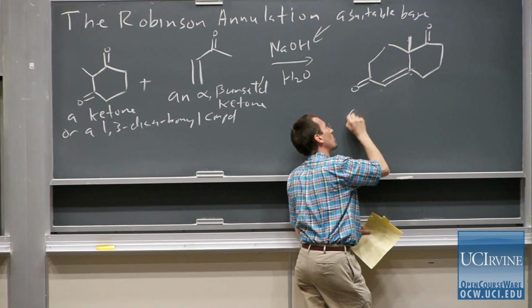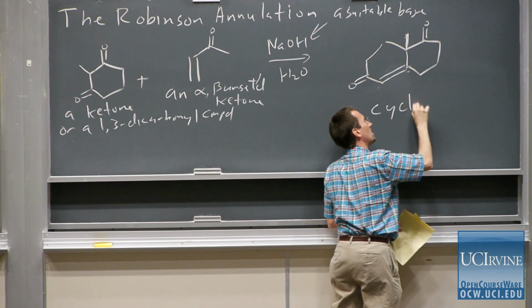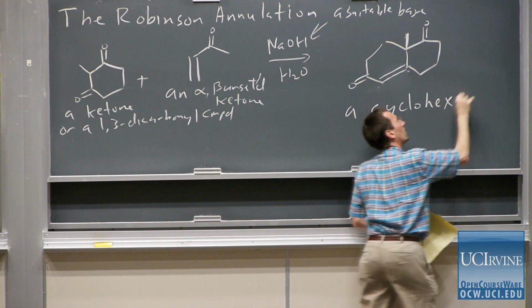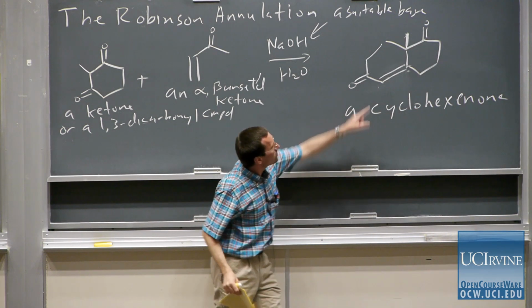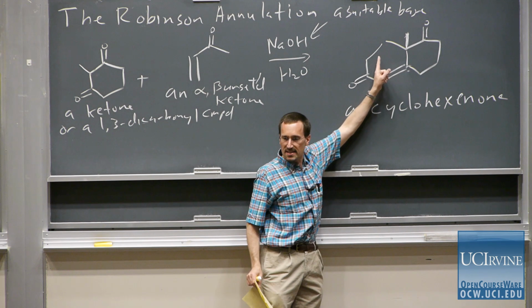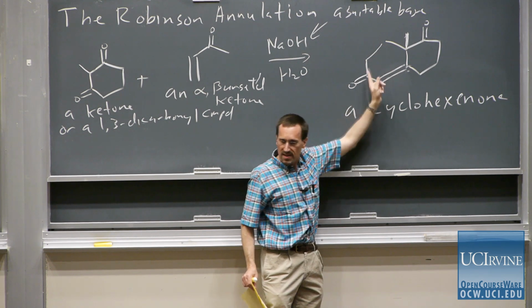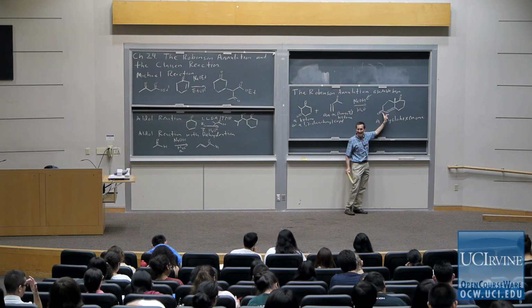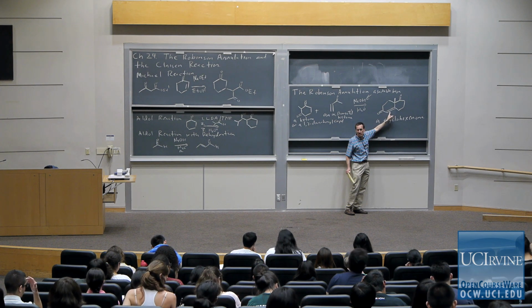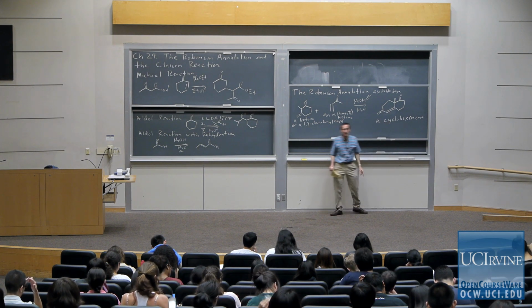The key thing is that we're forming a cyclohexenone. In other words, the new feature that we've added is a six-membered ring containing a carbonyl group, hence cyclohexanone, but also a double bond, so a cyclohexenone.